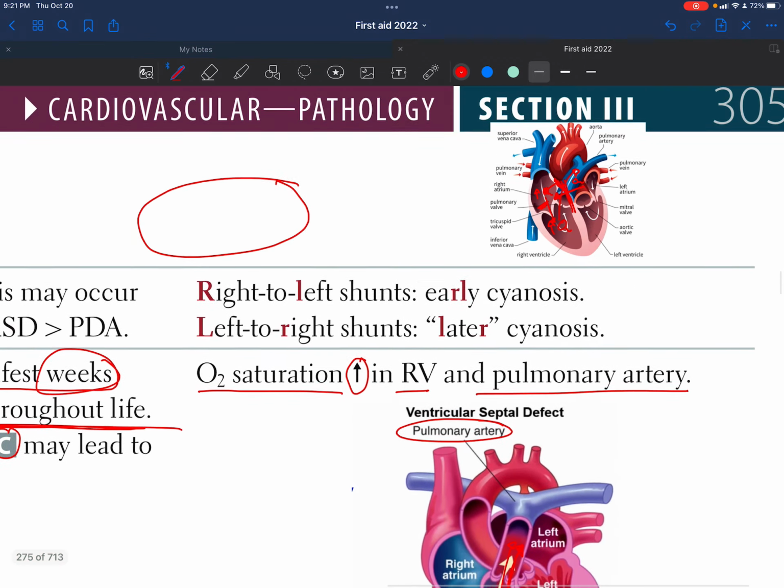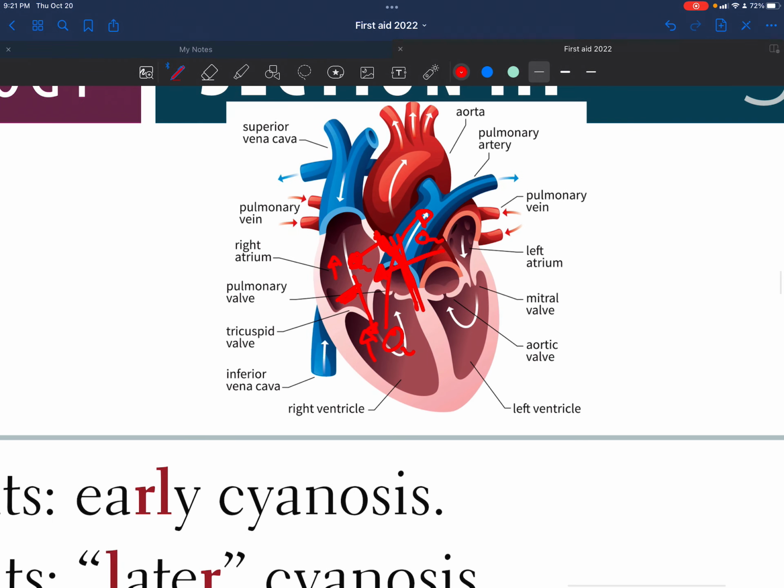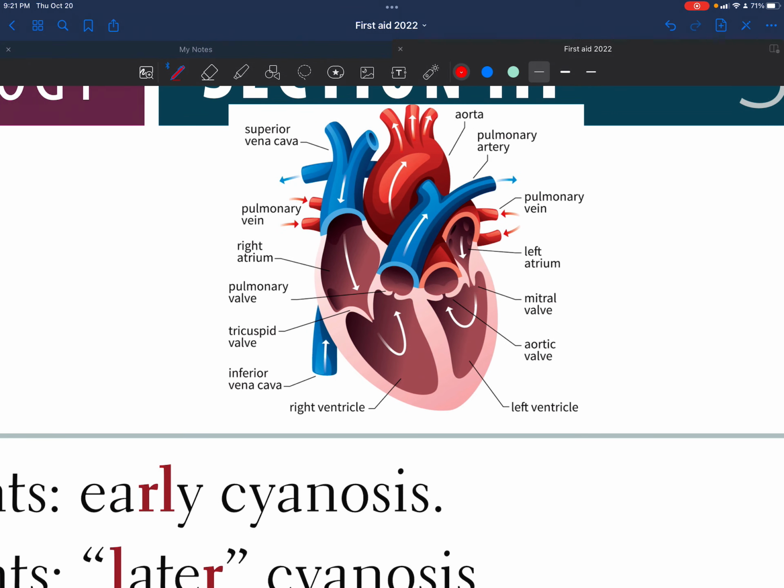The paradoxical emboli, it's also basically the same concept. So there is a systemic emboli that is coming through the superior vena cava or through the inferior vena cava, coming into the right atrium, and then if it goes as expected into the right ventricle, it would go to the pulmonary circulation and stop in the lungs. But what happens in case there is ASD, it will not go into the right ventricle.